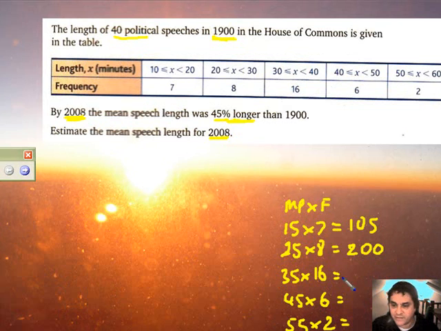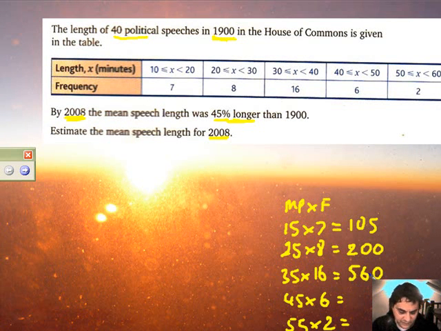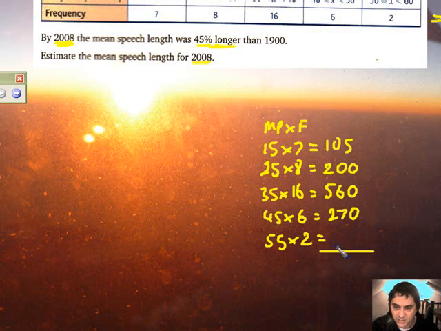That's going to give us 560 minutes worth of speeches, that little lot. 6 times 45, do that quickly with the machine. 270 minutes. Last one, 2 times 55, 110 minutes. Let's get the grand total. 105 plus 200 plus 560 plus 270 plus 110. Altogether we have 1,245 minutes worth of speeches.